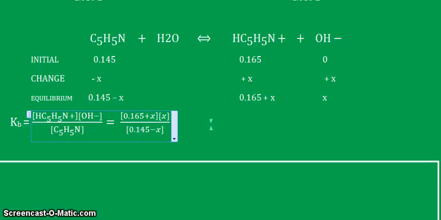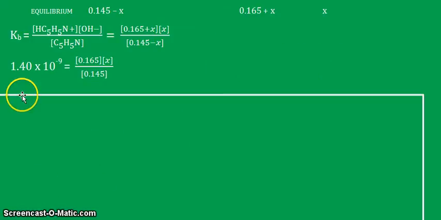Since x is negligible, this simplifies into Kb, which is 1.40 times 10 to negative 9, and this was given in the problem earlier, equal to 0.165 times x divided by 0.145. Remember, these values are in molarity units. So we simply solve for x.